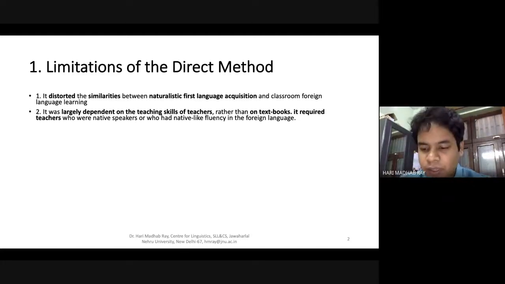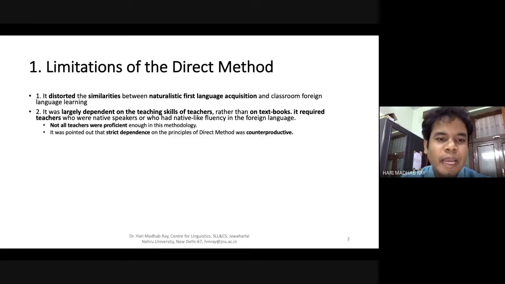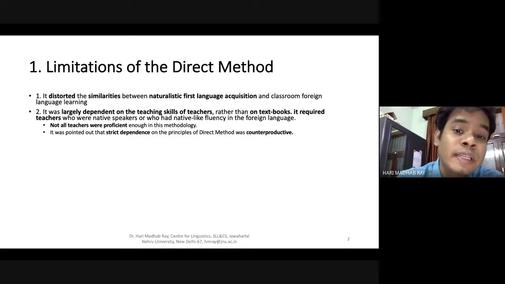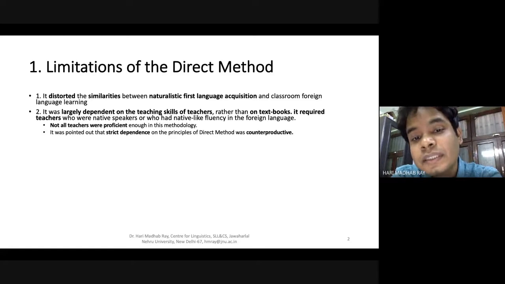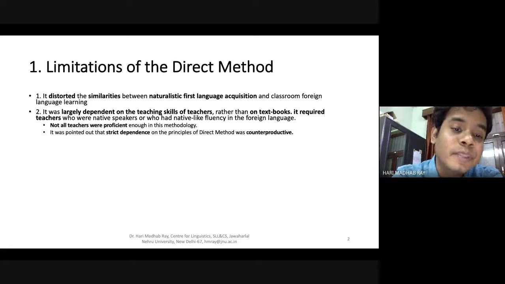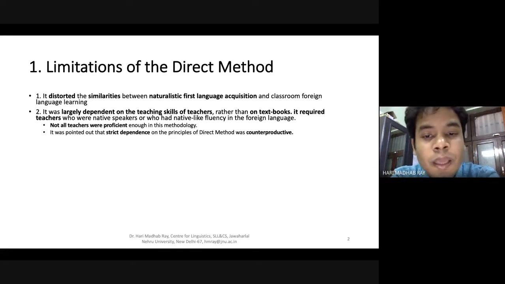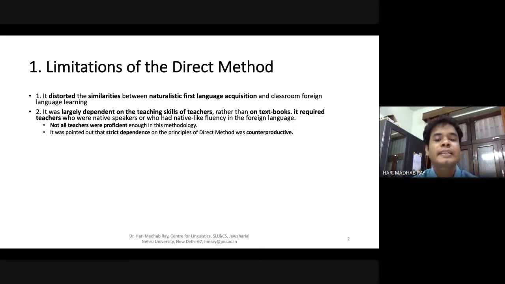And we already discussed that to have native teachers in different countries, especially if you're talking about the English language, you have a dearth of native teachers, and not all teachers were proficient enough in this methodology. So the kind of methodology we are talking about, teachers themselves are not proficient enough in it. So it was pointed out that strict dependence on the principles of the direct method was counterproductive.